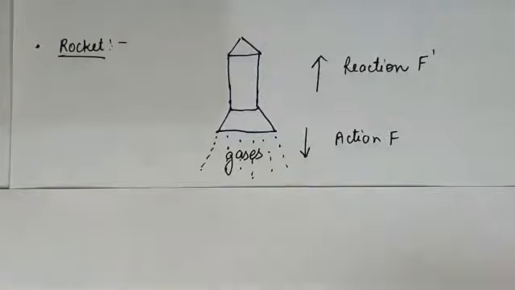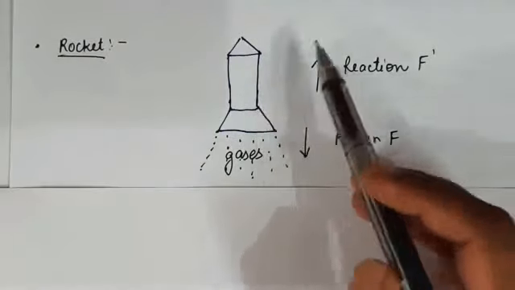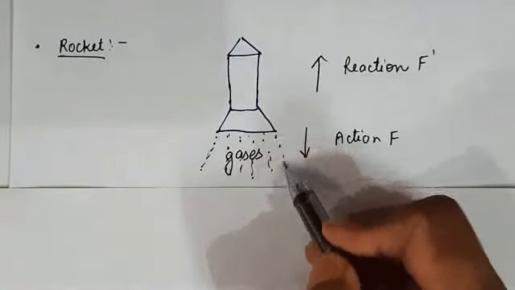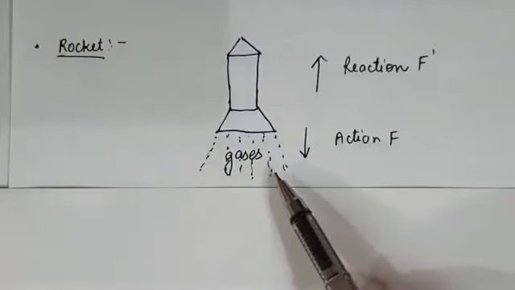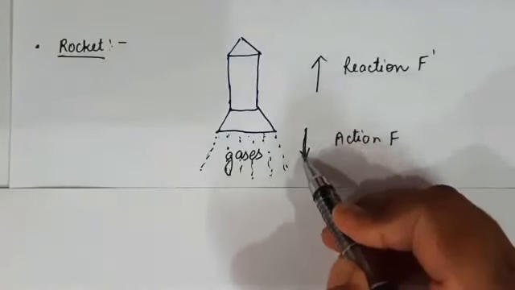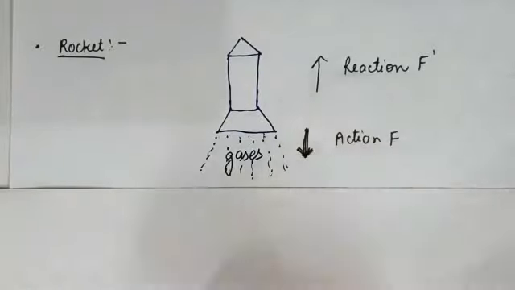Next, a very good example of rocket propulsion. What happens in it? This is a rocket. Now what happens? The gases are creating an action force. More gases means more force is exerted in downward direction.